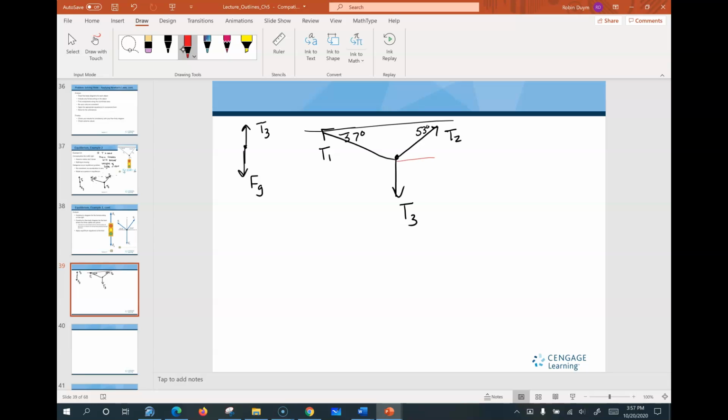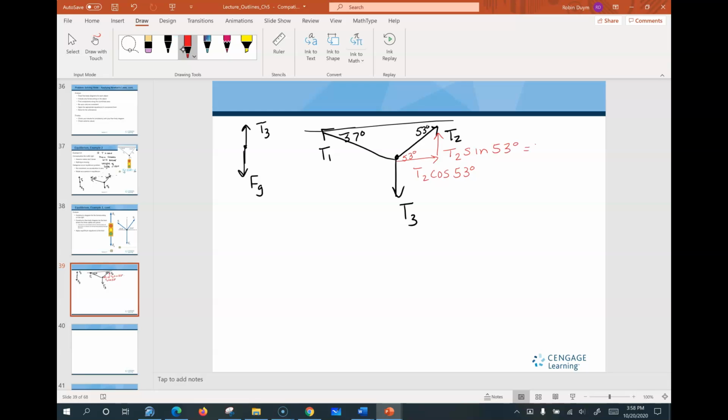So you're going to have T2 cosine of 53 degrees, and that's because this angle here is also 53. And that's your T2 sine 53.